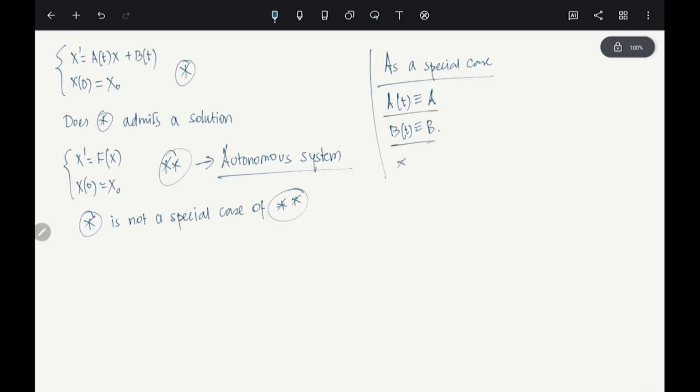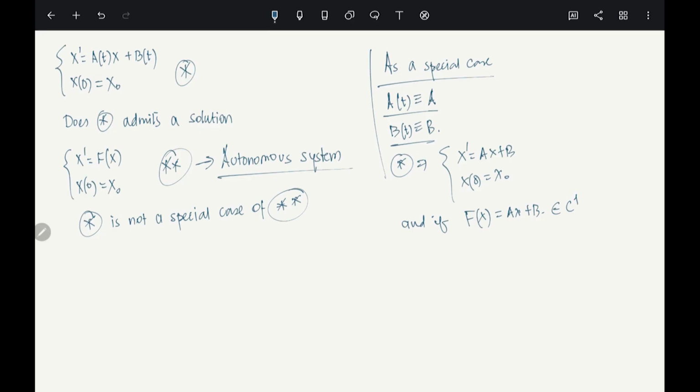Therefore star turns out to be this sort of problem: x prime equals A x plus b, x(0) equals x0. If you define f of x equals A x plus b, you realize that f is C1. So this is in C1, and then you can use Picard's theorem. Of course we can do that in that case.